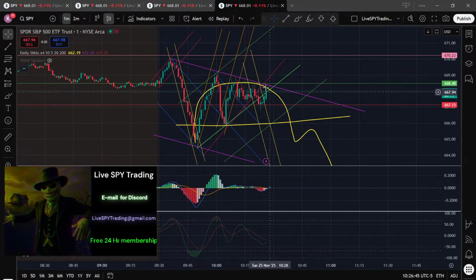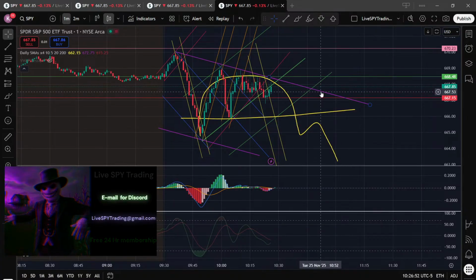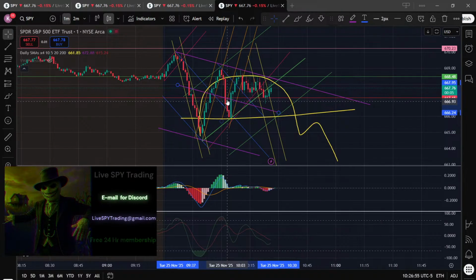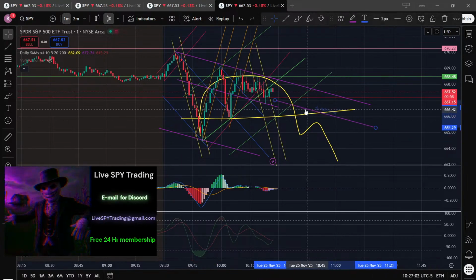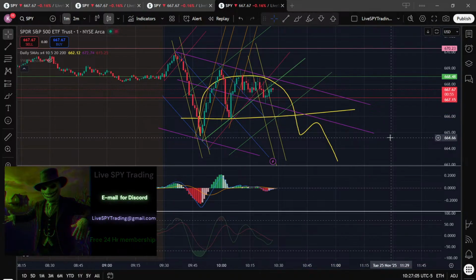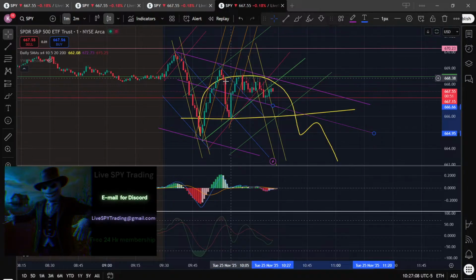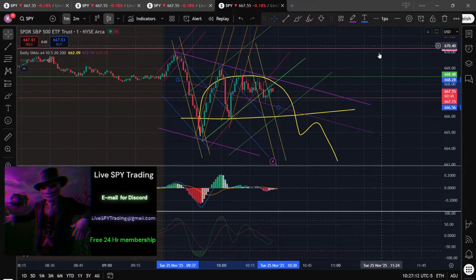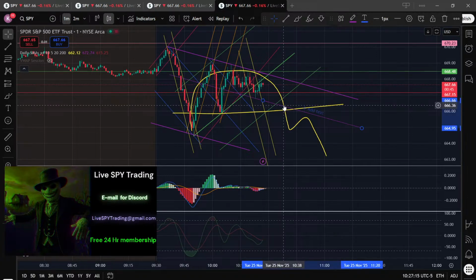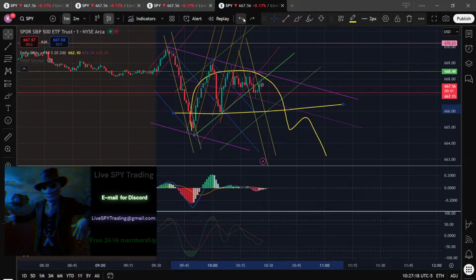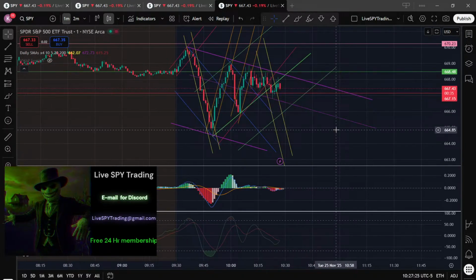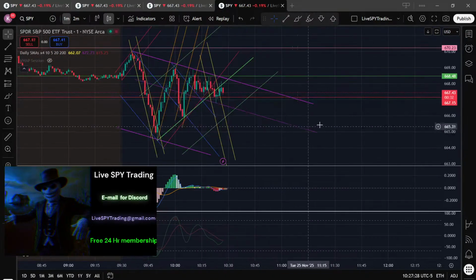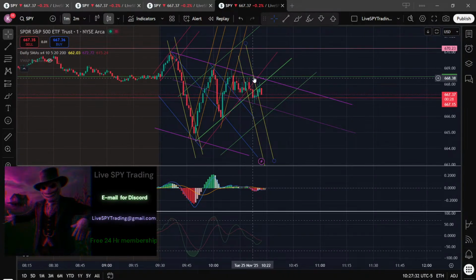Now this purple, if it needs to reject under this purple, we see a lot of liquidity built up in purple as well. This liquidity has to break.